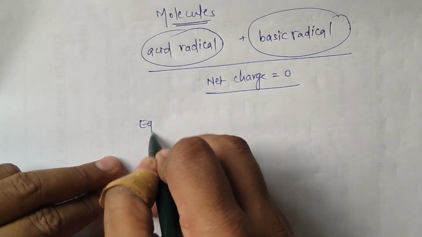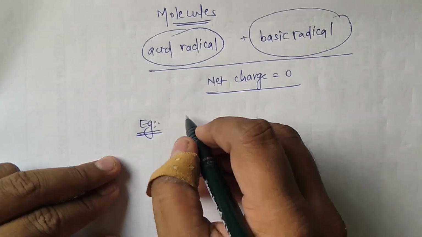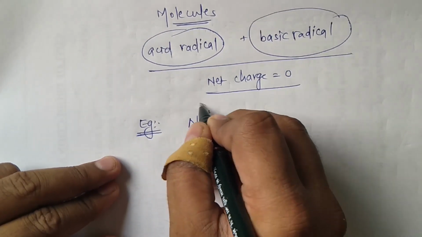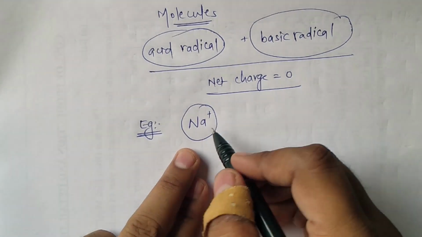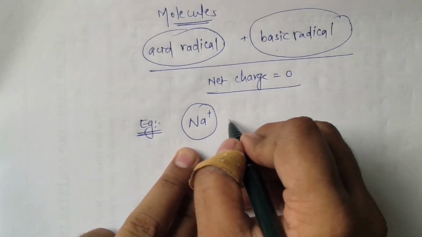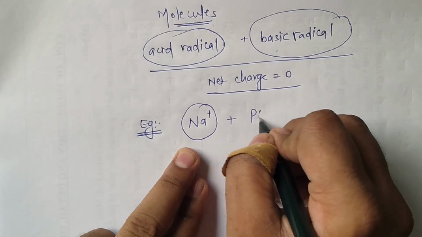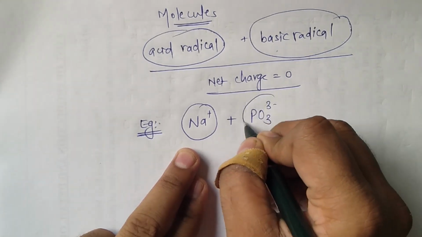For example, if I take Na+, this is a basic radical, and I take acid radical as PO3 3-.